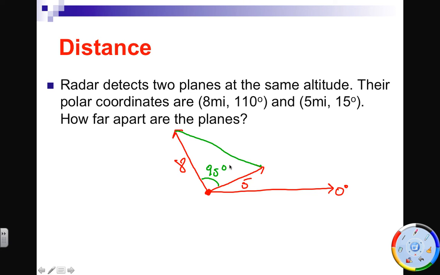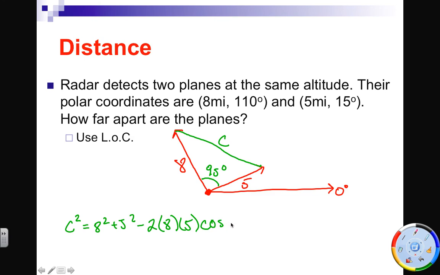And a 95 degrees, well, look at that. That's side angle side. And side angle side says use law of cosines. So if I called this c, c squared is equal to 8 squared plus 5 squared minus 2 times 8 times 5 times the cosine of 95 degrees. And therefore, c is whatever that ends up being. Let's do that really quick.